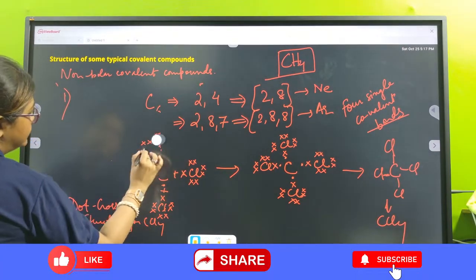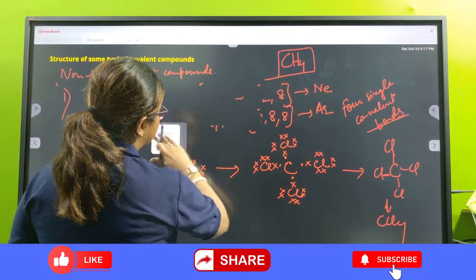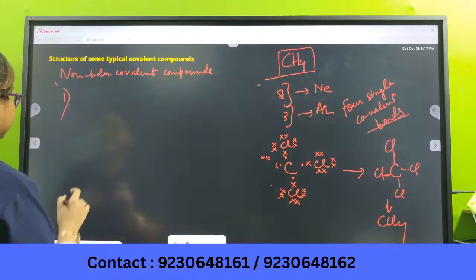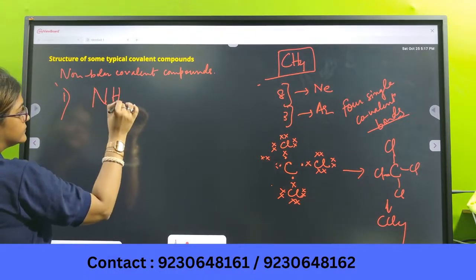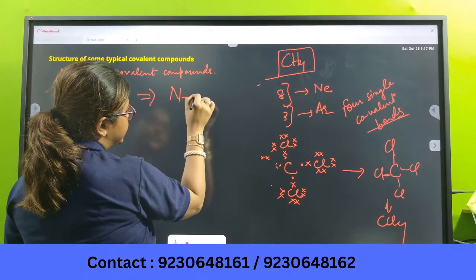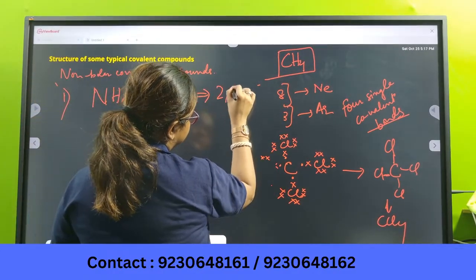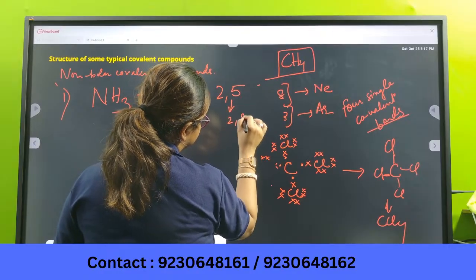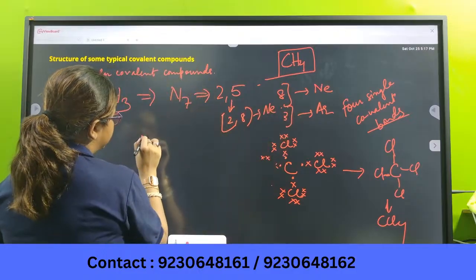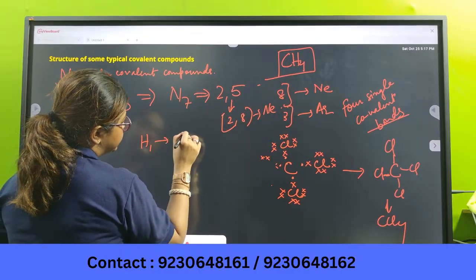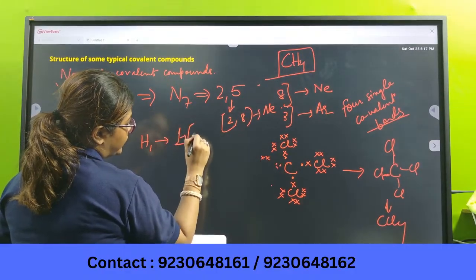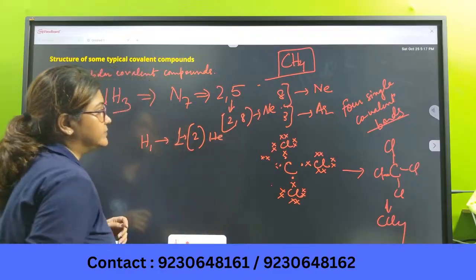Now, coming over to just one more structure I'll show, that is that of ammonia. Nitrogen is 7. And hydrogen is 1. So it will try to acquire that of helium.